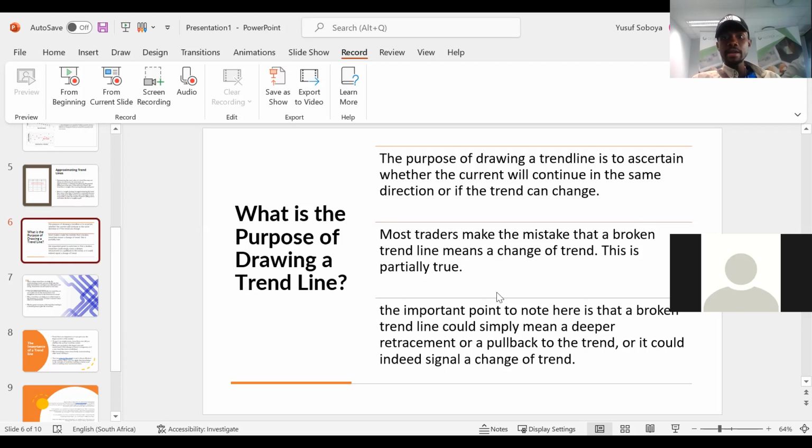Most traders make the mistake that a broken trend line means a change of the trend. So remember, if you're trying to draw the line from the lower point to the higher point, but it's not getting to the higher point, it turns all the way down and then it comes back all the way again. It means the line itself has broken. It's no longer a trend. There's a certain point where it breaks, then they change the trend.